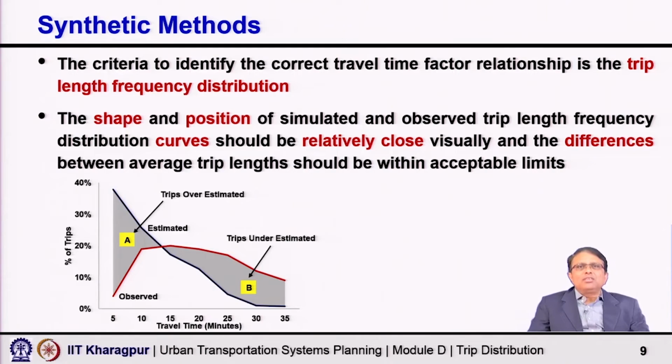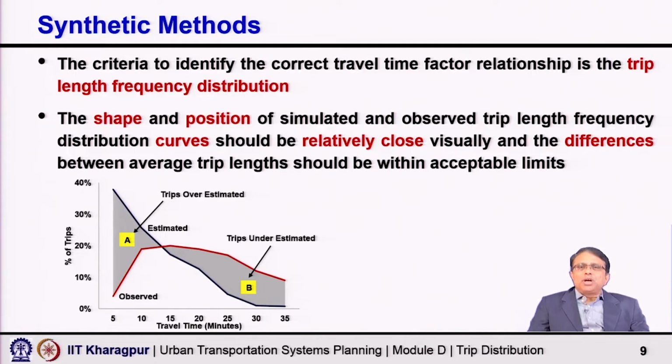What can we call that? We can call that the trip length frequency distribution, with trip length in terms of the travel time of the trip. So, we have certain trip lengths in terms of travel time and the corresponding frequency, the percentage of total travel happening with that travel time.